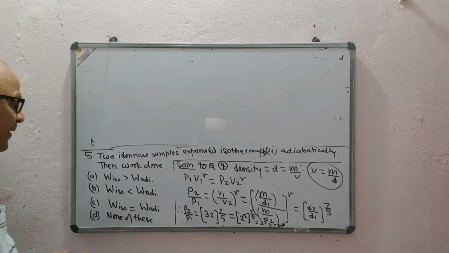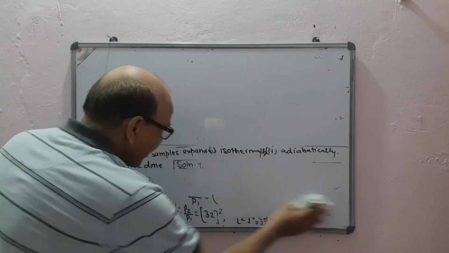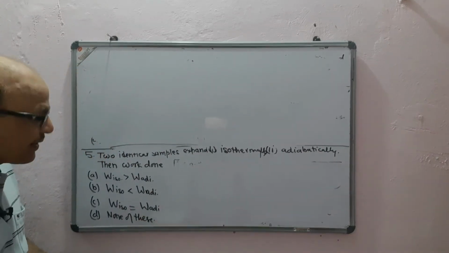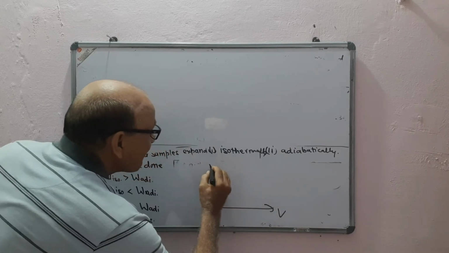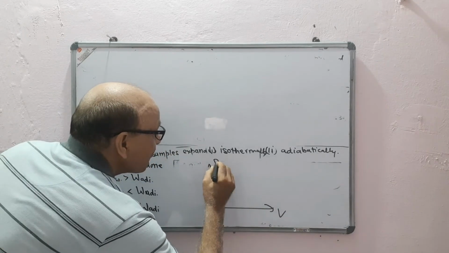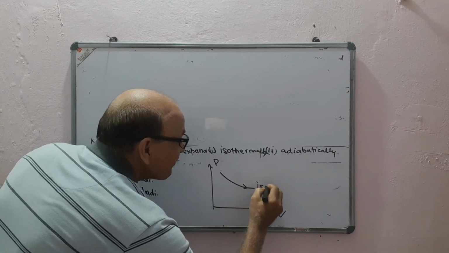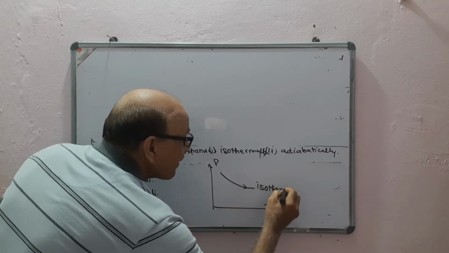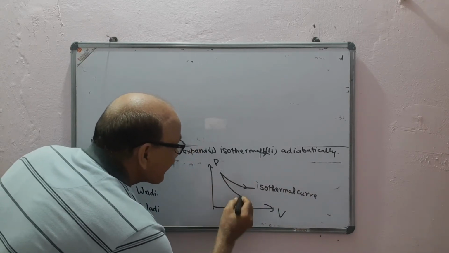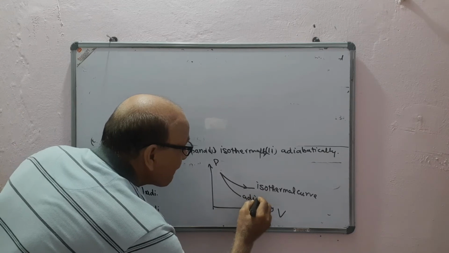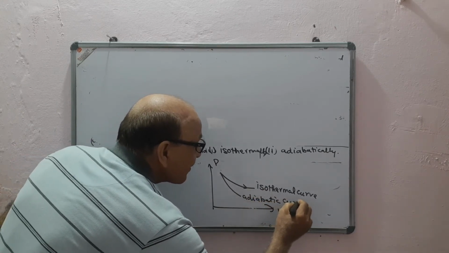Then the work done will be, we know that in a PV diagram, this is the isothermal curve, and this is the adiabatic curve.